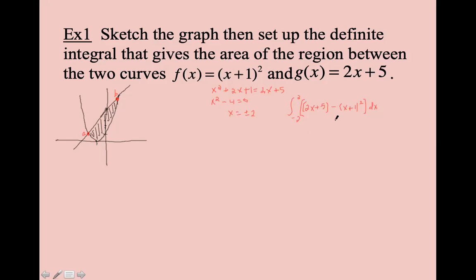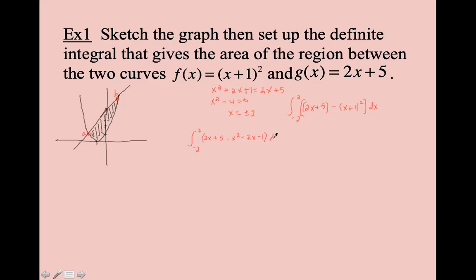Whenever you're doing these, you want to try to simplify first if you can before you start to integrate. So I'm going to rewrite this. This first function is just 2x plus 5. But if you remember, we multiplied this one all out, we FOILed here. So I'm subtracting all of those terms: minus x squared minus 2x minus 1, dx.